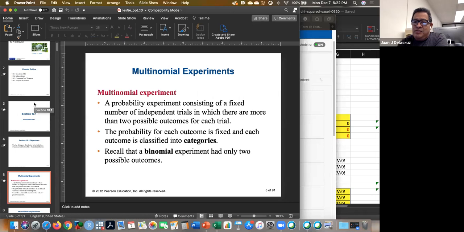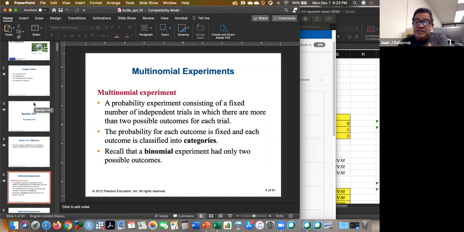Remember, we have these binomial experiments. In the binomial, we have only two choices, the probability of success and the probability of failure. But now we are expanding this to many more. I can have three different cases, and I want to know whether that distribution fits the same distribution as in previous experiments.